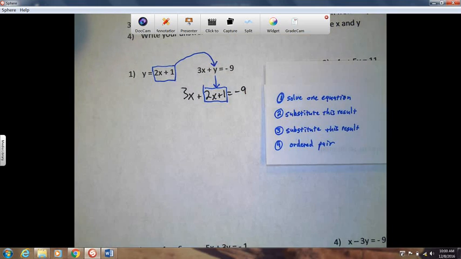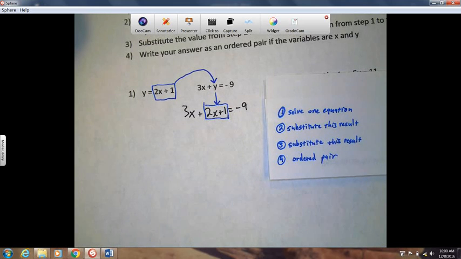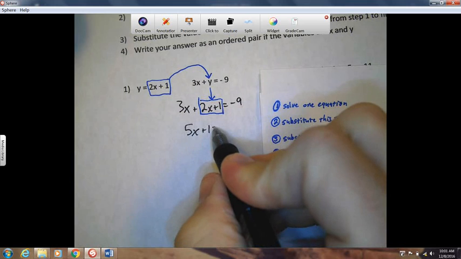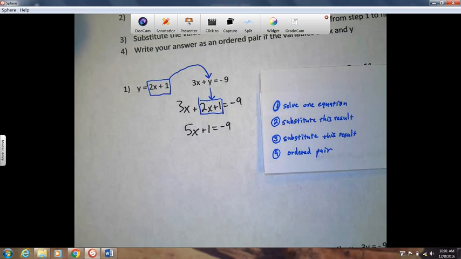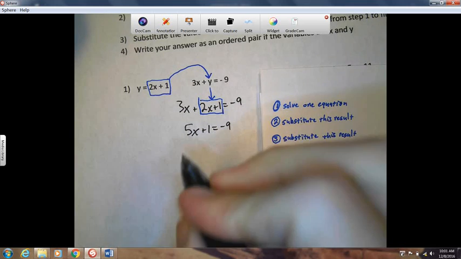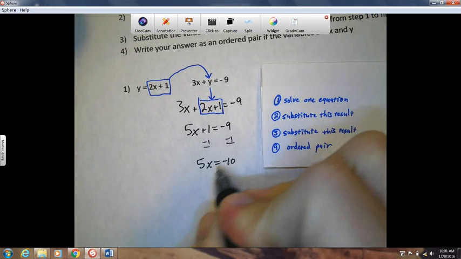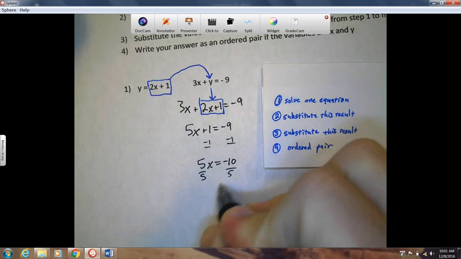So from there you can solve. So I have 5x plus 1 is equal to negative 9. So I can solve there. So 5x is equal to negative 10. Divide by 5, so x is negative 2.